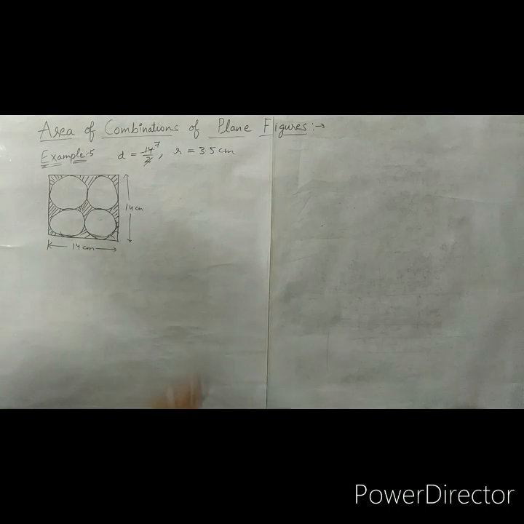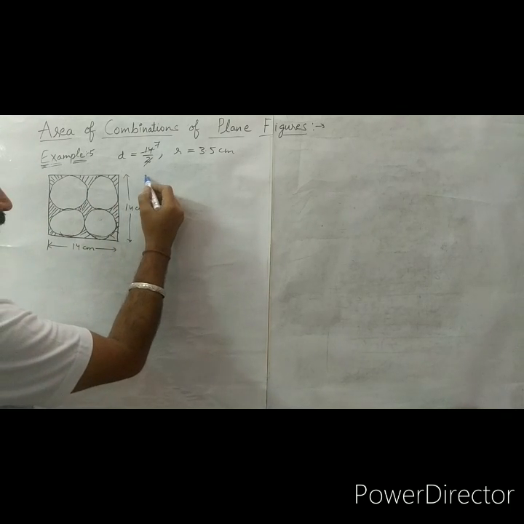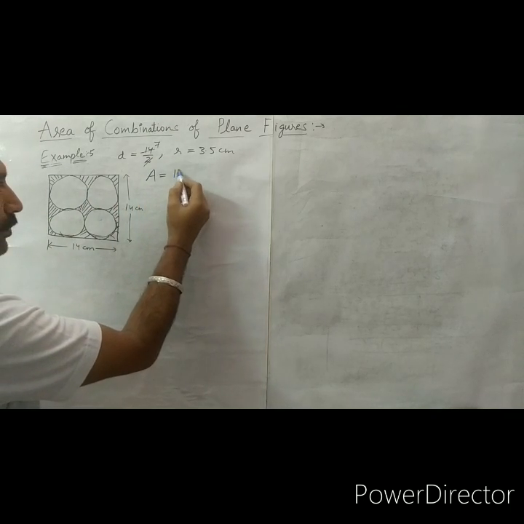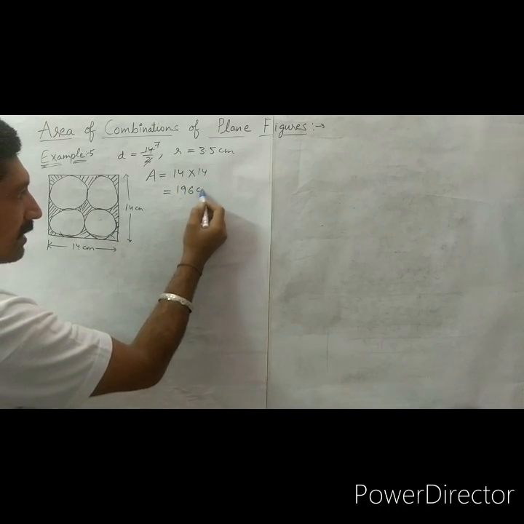Now to find the shaded area, we have to find the area of the square. Area of the square is equal to 14 into 14, that is 196 centimeter square.